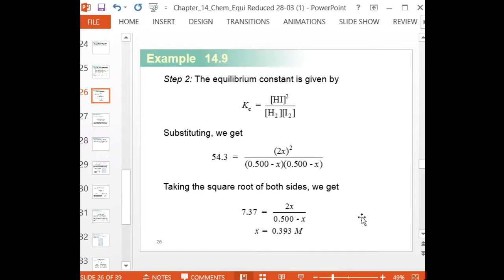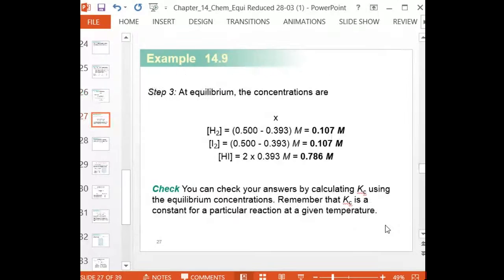This x value you subtract from the initial concentration, 0.5 minus x, equal to this. So this is 2 into 0.2 into x. These are all the concentrations left at equilibrium. The product is 0.786 and only the reactants are left, 0.107, 0.107.